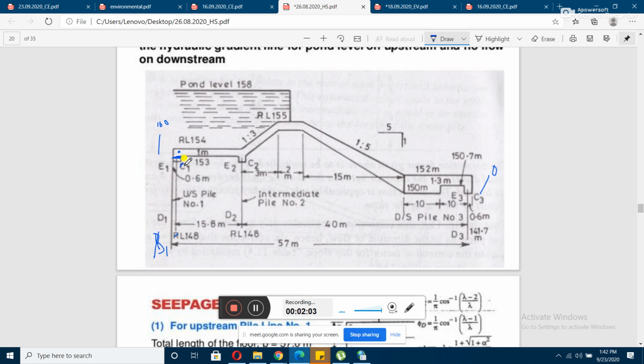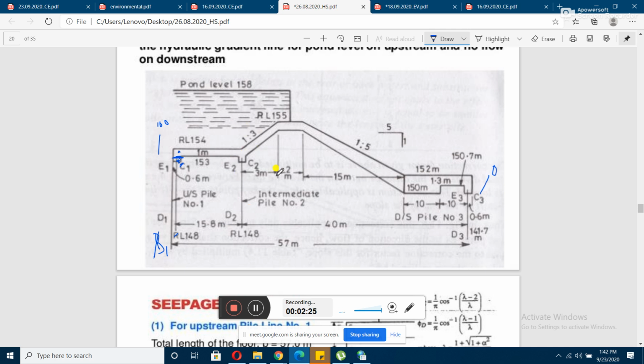You need to calculate the pressure there, not above it. So this pressure will be calculated through correction of two values. From the original value that we got, there need to be two corrections: one for the influence of this pile, another for the thickness of the floor. Okay, so we have found out these values.